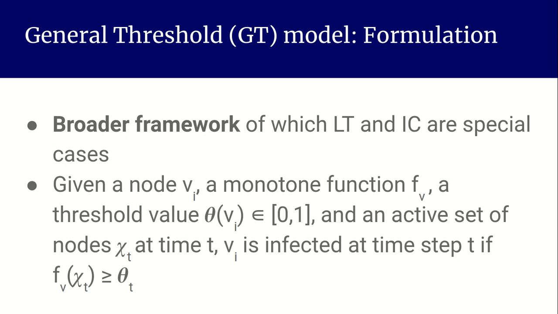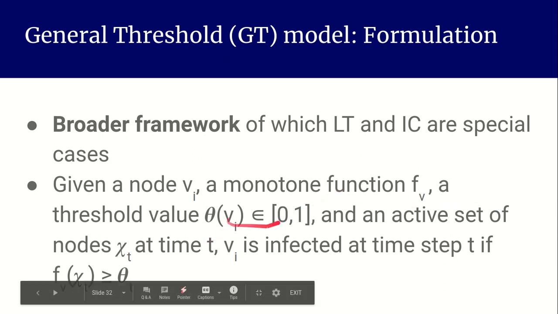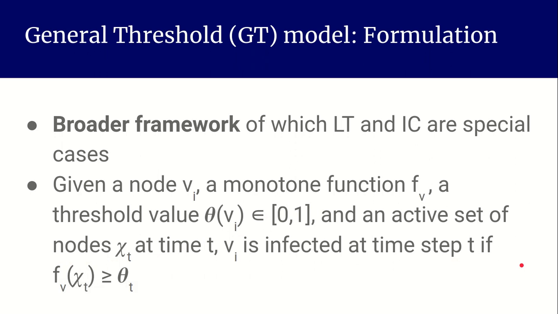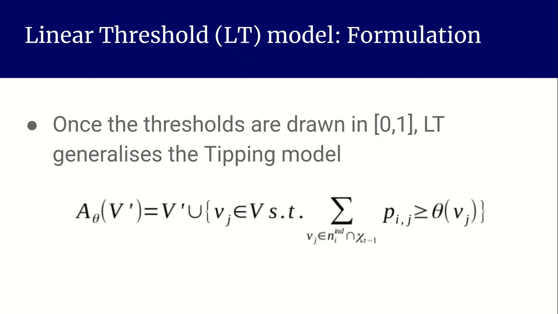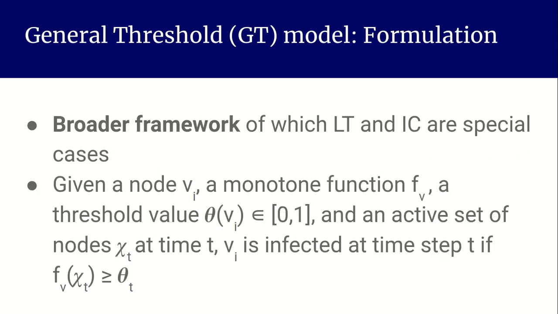So if the value is bounded from 0 to 1 and the threshold is bounded from 0 to 1, and the value produced exceeds the threshold, then we put the node v sub i in the active set of nodes K sub t. The condition is left unchanged as seen previously, but instead of the activation function, as I mentioned before, we use this function that we created, f sub v.